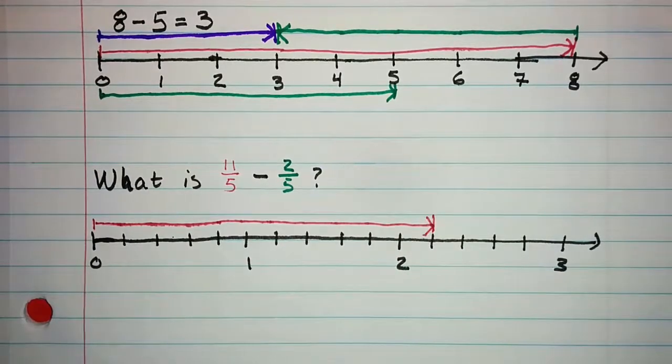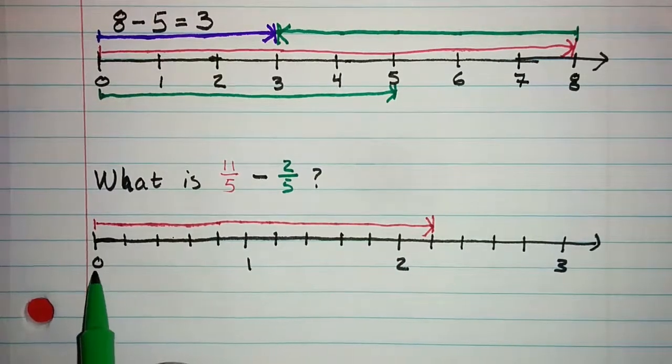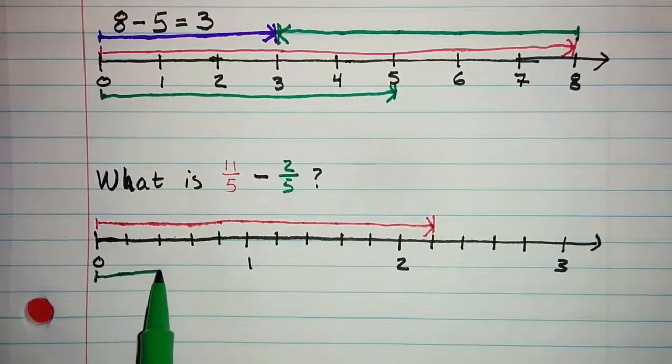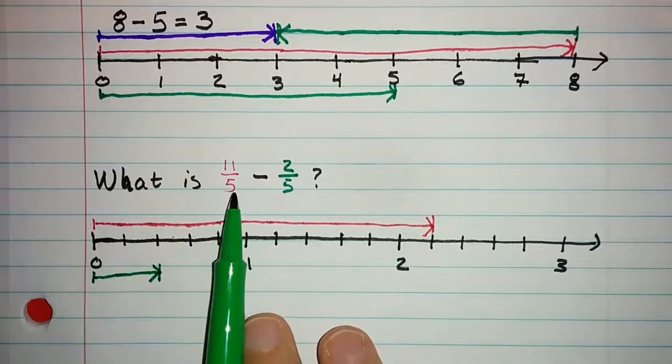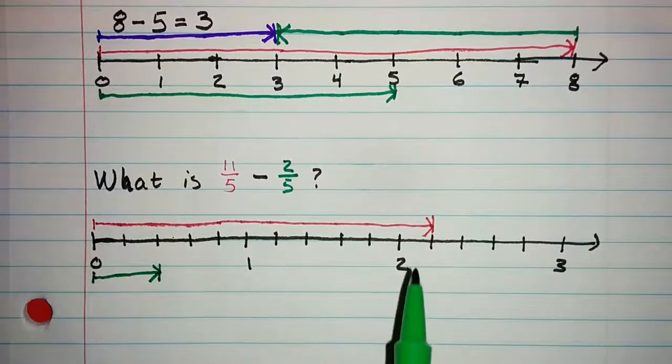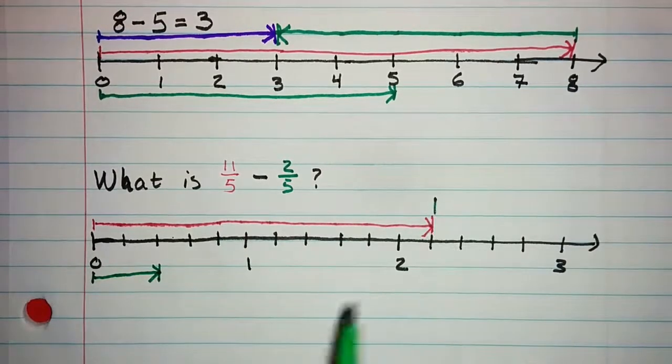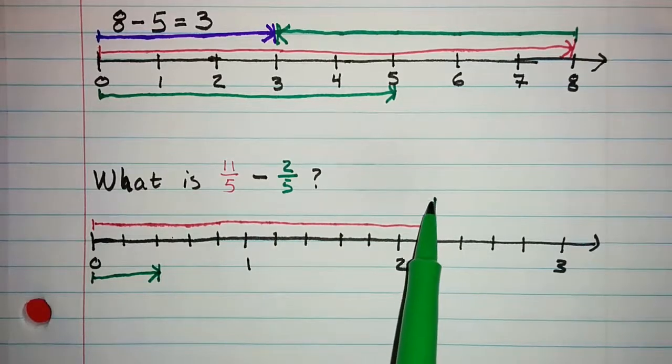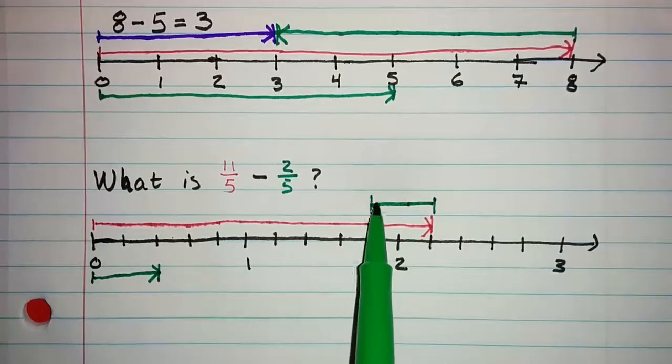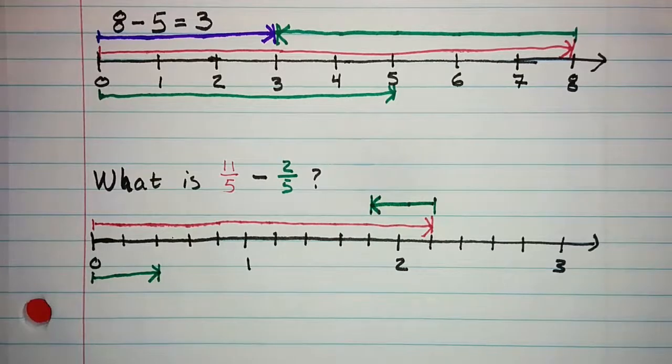What does 2/5 look like? I start at 0 and mark 1, 2/5. To draw 11/5 minus 2/5 then, I'll start out at 11/5 and draw 2/5 backwards. 1, 2/5 backwards.